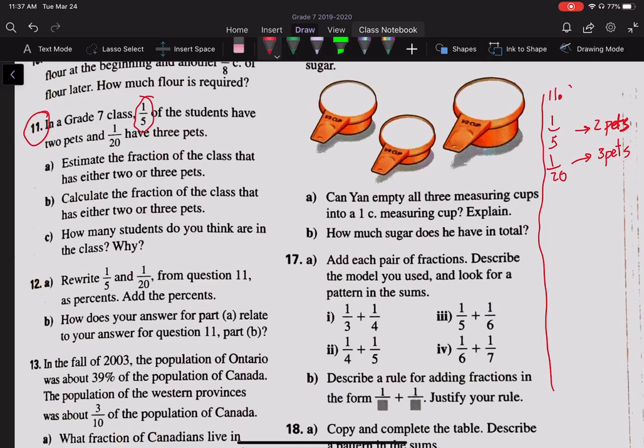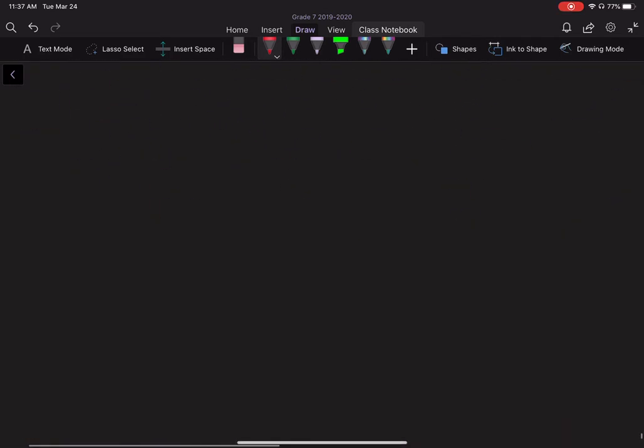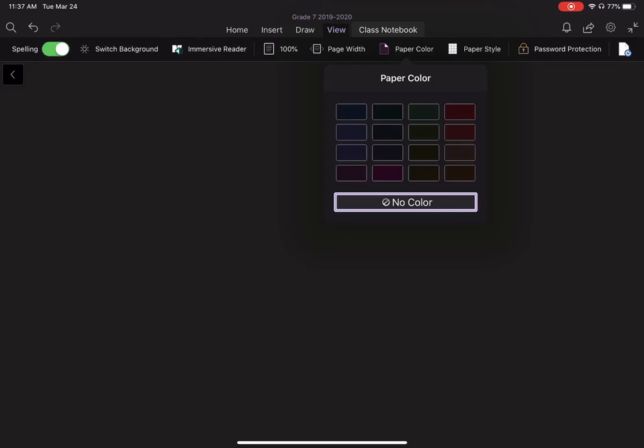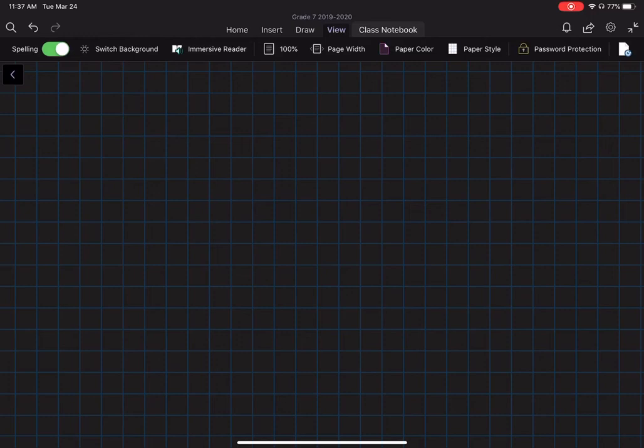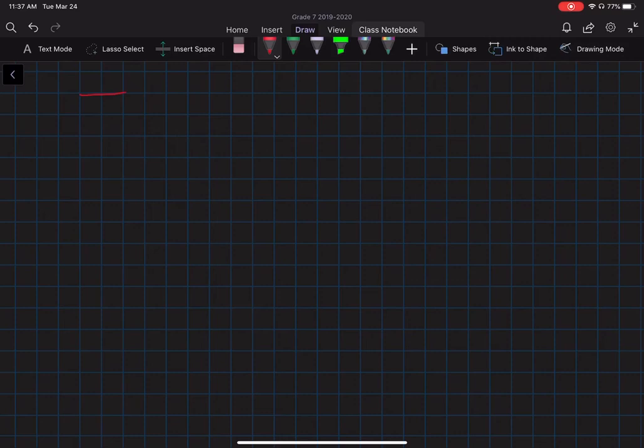So if we use a model for this, I changed the view to paper grid. Okay, so if we use this, let's say this is our class. Just make it a number that we can use.